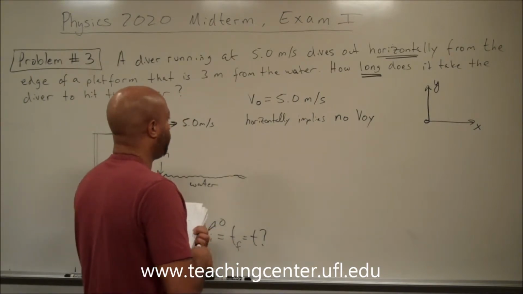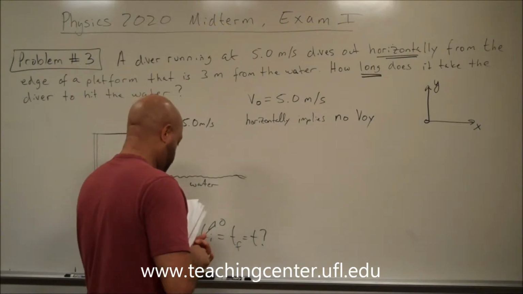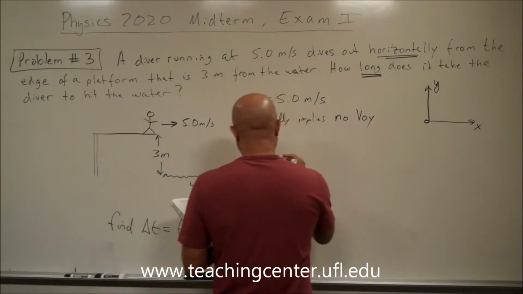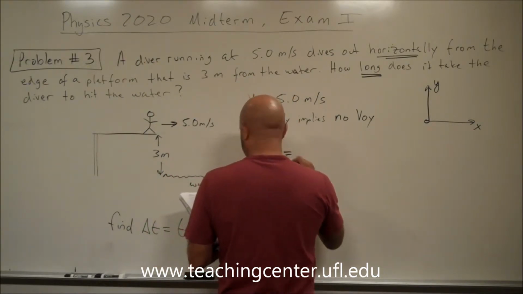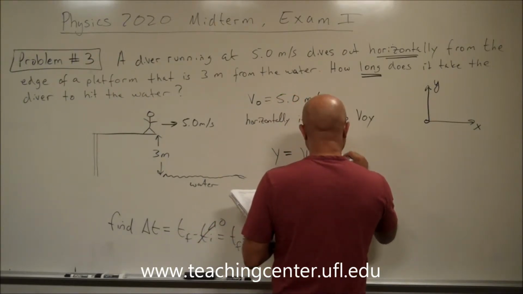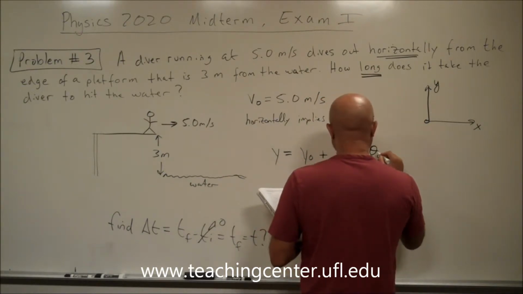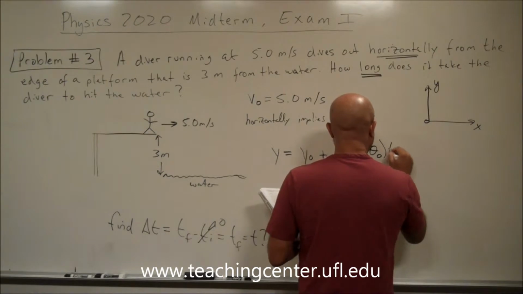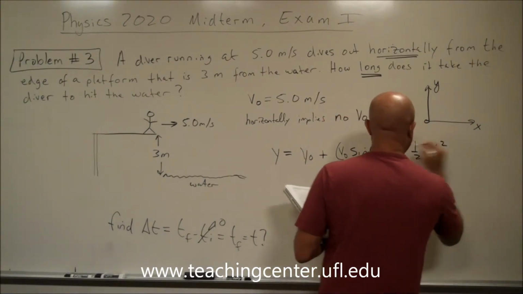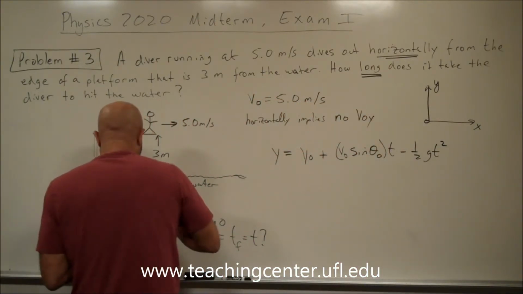If we look at the equations in the y direction, we see that there's an equation that has y is equal to y sub 0 plus v sub 0 sine theta sub 0 t minus 1/2 g t squared. And actually, this is the equation that we want to use.